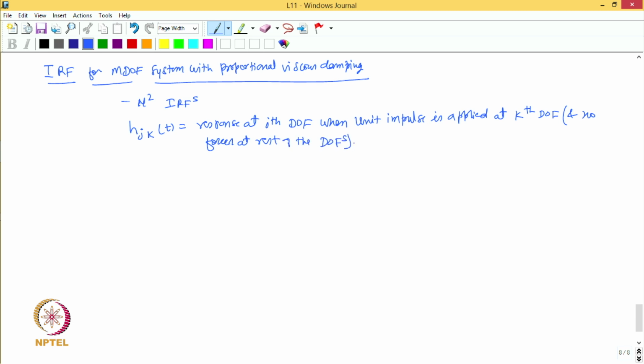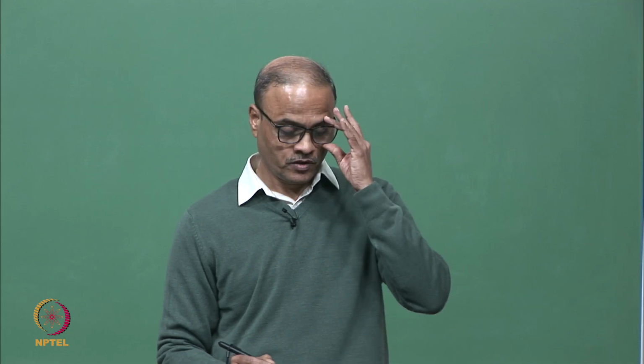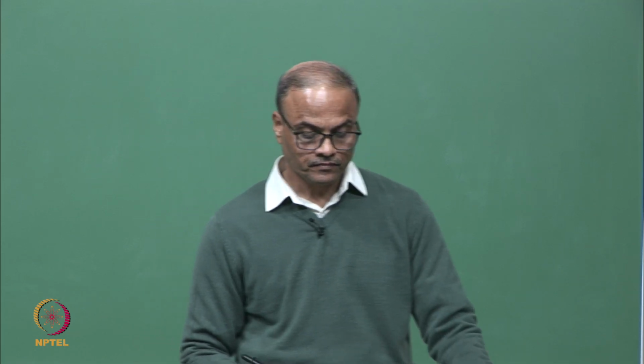That condition also has to be ensured. So, we apply the unit impulse only at the kth degree of freedom and then find the response at the jth degree of freedom. That is the impulse response function H_jk(t).